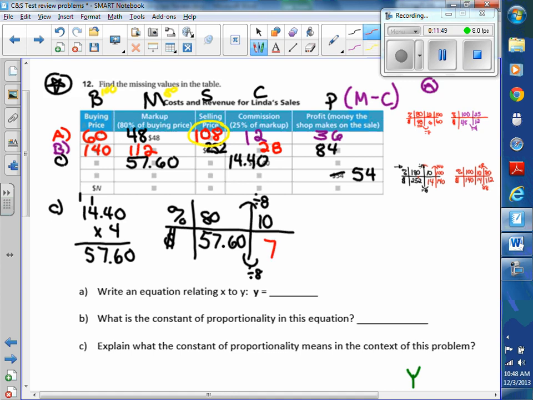So the remainder is 1. 8 goes into 16 twice. So 72. Okay. That's 10%. So we're going to multiply that by what? 10, right? So 100% is $72.